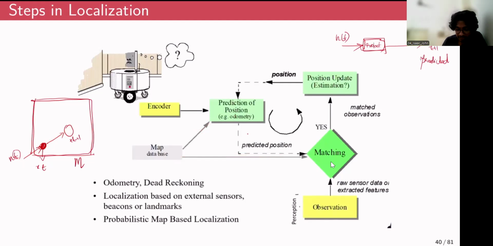And once it has reached this position, xt plus 1 in the map, it then acquires information from the sensors, and from the sensors it sees whether it is actually in this position or in some other position. Because we cannot always rely on encoder readings, since encoder readings only give you how many rotations that motor made, but not the actual distance the robot moved.